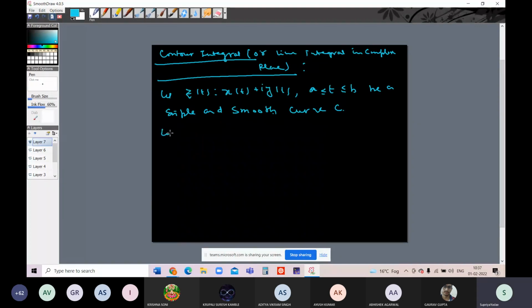And we have a complex valued function, a function f from C to C, complex plane to complex plane. Let we have a function f(z).